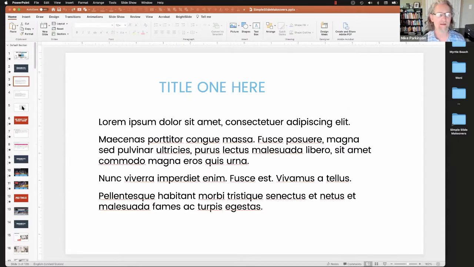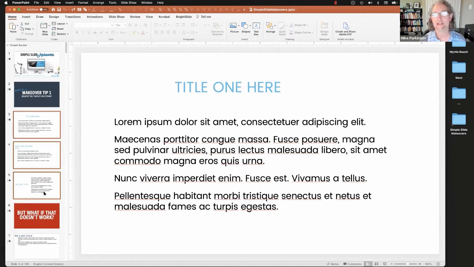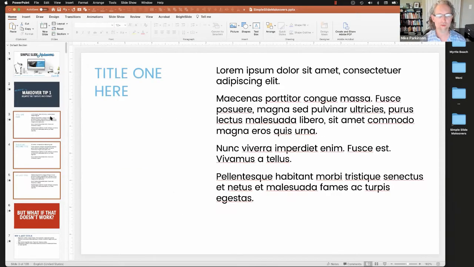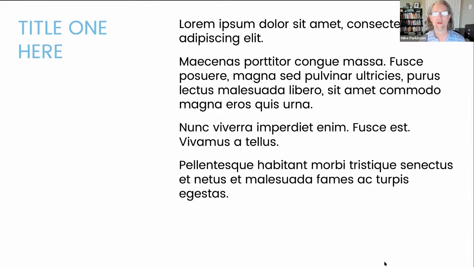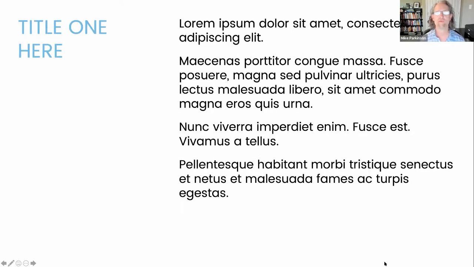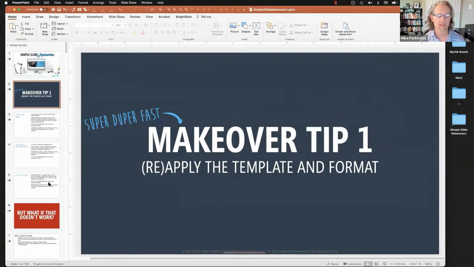I'm going to select my slides in my side view, the slides that I want to make over, and go to my layout button on my home tab. I'm simply going to choose one of my layouts. When I do that, when I go to my slideshow mode, the slides don't shift around. They went from shifting all around to now being formatted properly. And that is a very quick way to make over your slides.